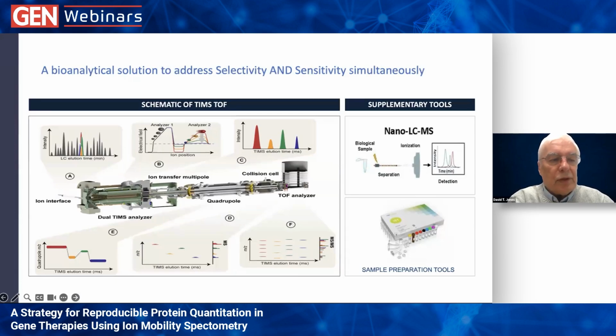Most of the instruments that have been developed by IMS, and there are a number of manufacturers working in the field, can have a slight disadvantage in terms of sensitivity. You might lose a few ions. There is what's now called, and we're showing here in this slide, trapped ion mobility.